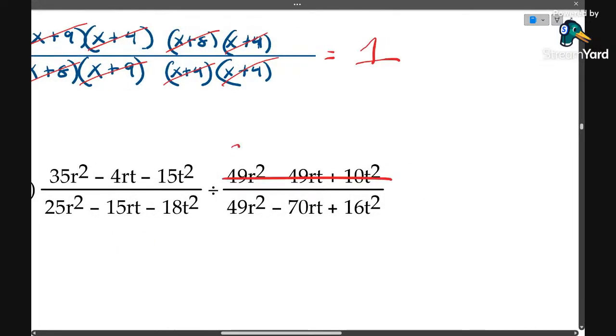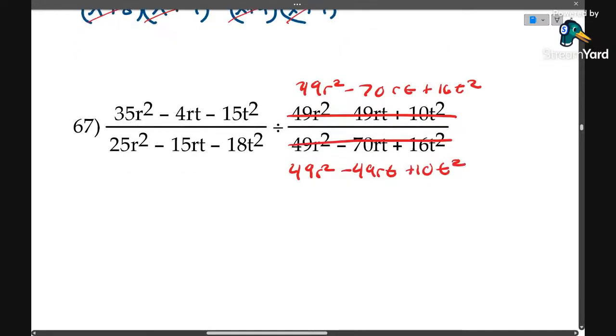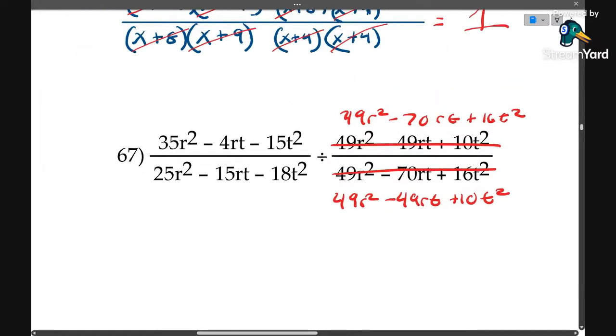So this becomes 49r squared minus 70rt plus 16t squared. And the denominator becomes, what is that, 49r squared minus 49rt plus 10t squared. And so we've got our fraction flipped. These are going to take a little longer to factor, so let's dive in.